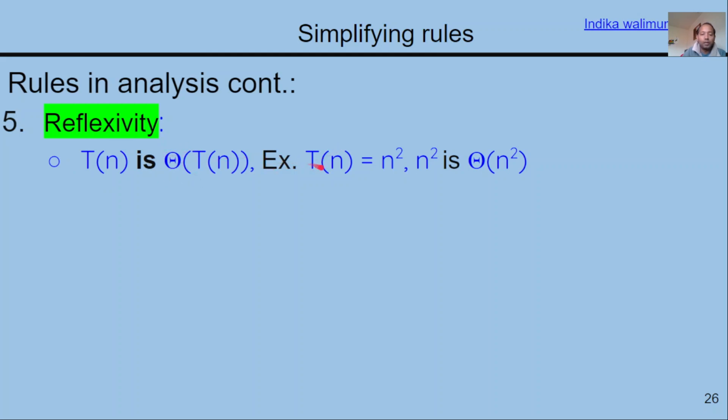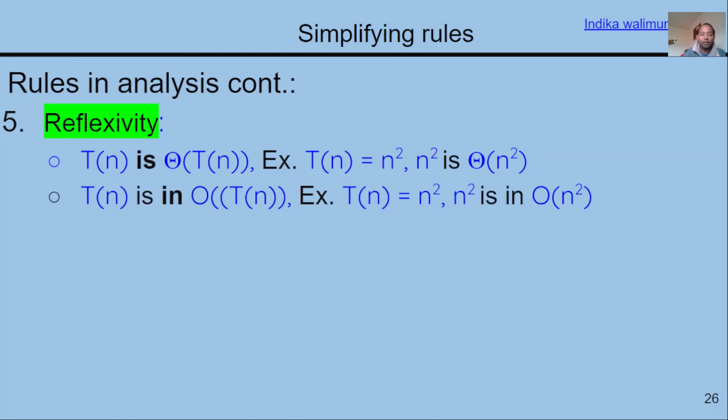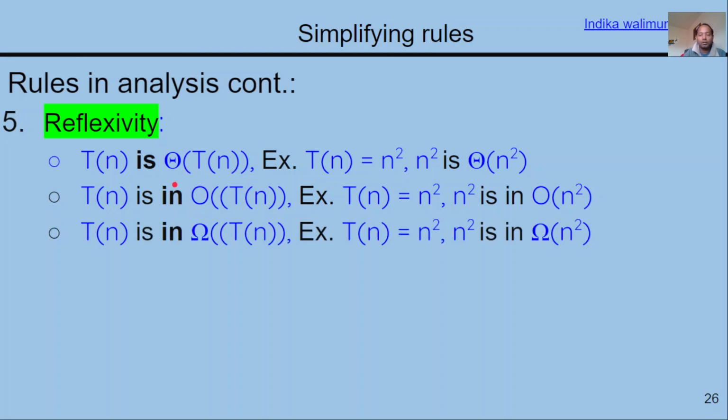That means if T(n) is n squared, then n squared is also in big theta of n squared. The function itself is in the same order, the same growth category. The same rule is valid for big O as well and big omega as well. So we call this reflexivity.